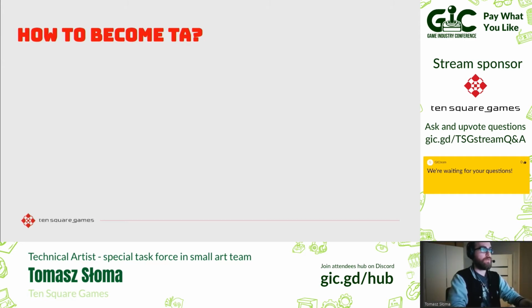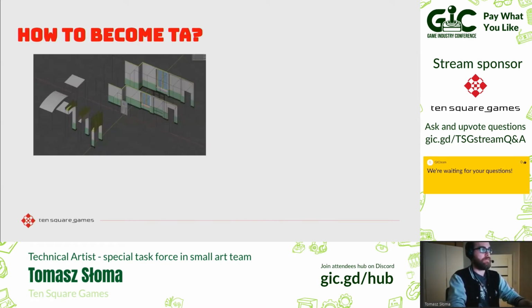And to show you how I became a technical artist without consciously choosing to be one, just by working as a graphic artist in a small team, I'll go through this quickly. So I started at Madman, today Megapixel, working as an environment artist.